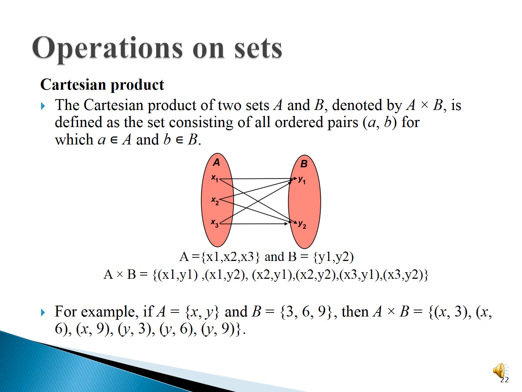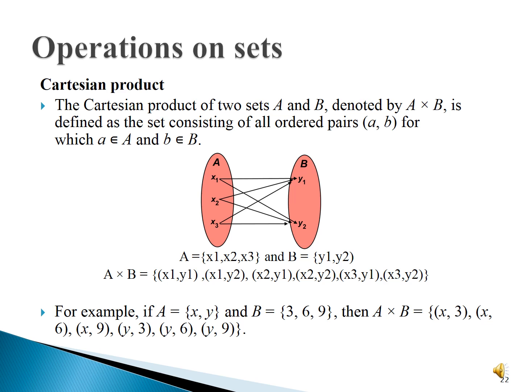So this will be the Cartesian product of the sets A and B. They are placed in the form of pairs.